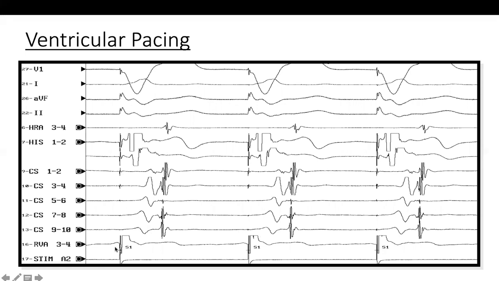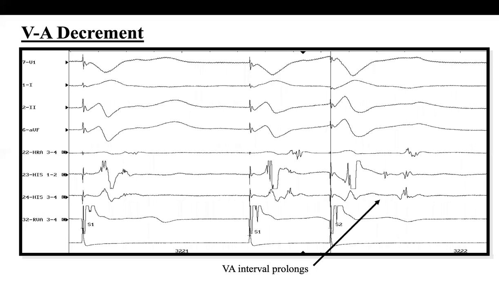Unless you decrease the cycle length, meaning that you increase the rate of pacing the ventricle, then you get the retrograde conduction delay, and you might have a block at some stage of the AV node and the retrograde conduction.